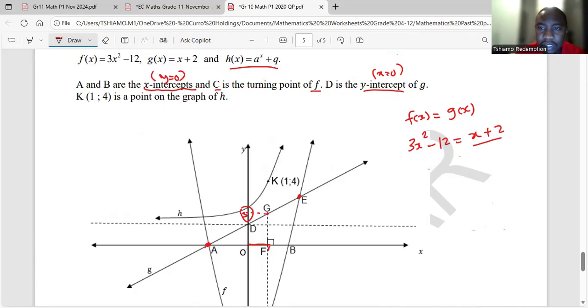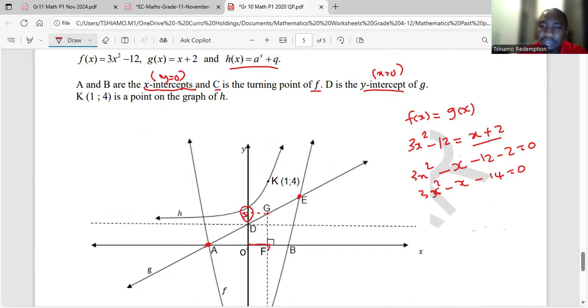And then take all the terms to one side. So it's going to be 3x squared minus x minus 12 minus 2, minus 14. So I'm trying to put it in standard form so that it's easier for you to factorize.